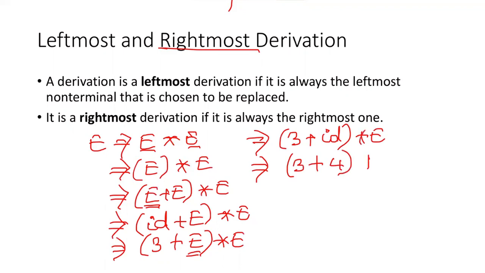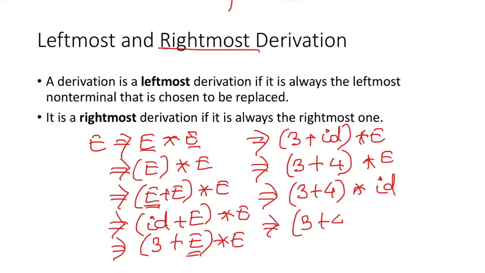This is multiplication. E plus 4 into, now E I will replace by ID, and finally into 5. Now if you notice at the end I have got the same string. I have derived the same string, 3 plus 4 into 5.